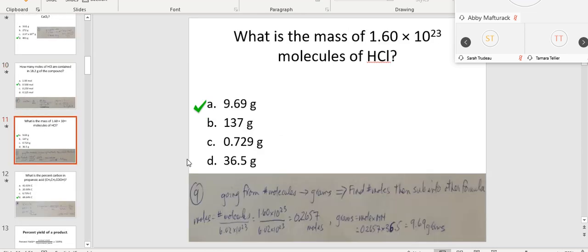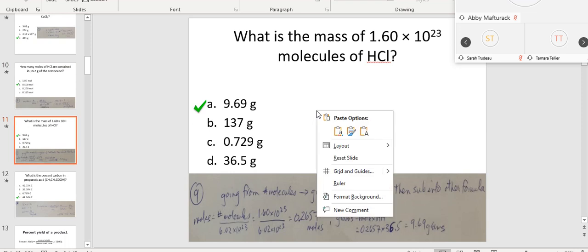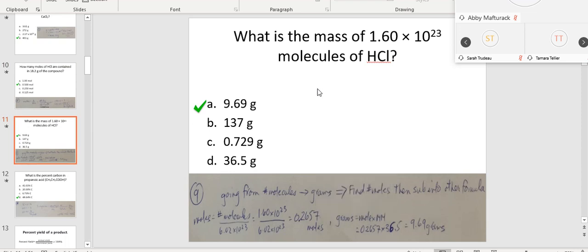What do we got here? What is the mass of 1.6 times 10 to the 23 molecules? So what is he asking for? Mass. What formula? That's the first triangle. What information did he give me? He gave me molecules. So this is one of those where you have to use one formula to find moles, substitute into the other formula, and find your mass.